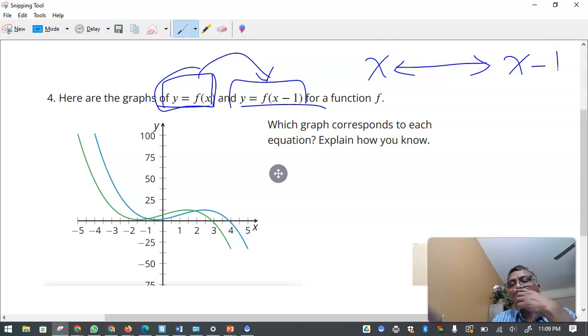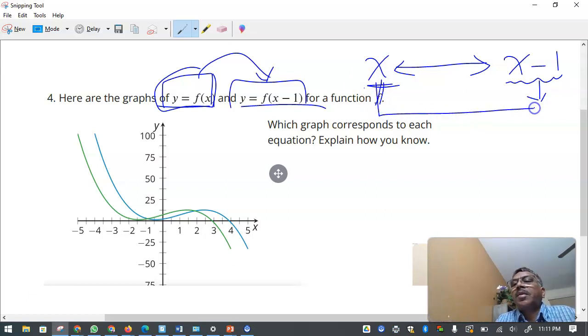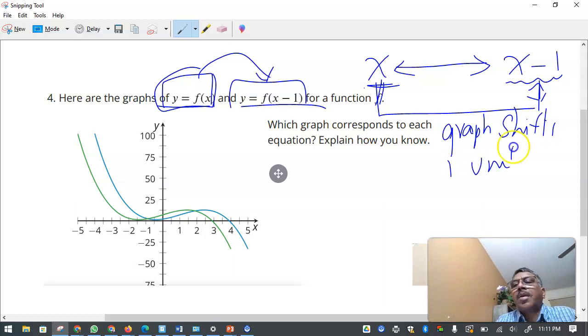Now what that means is, we know that if x is replaced by x minus 1, the graph shifts 1 unit to the right, because of this minus.